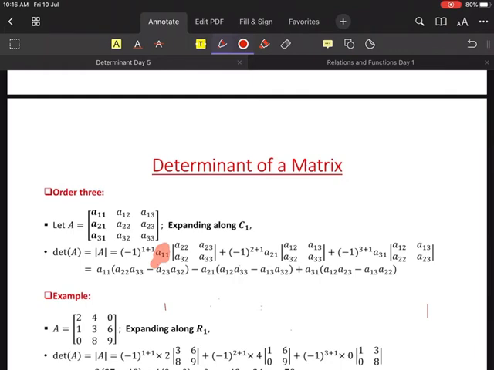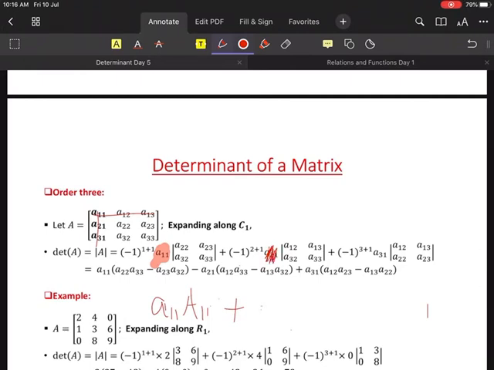Look at A11. This thing is the minor of A11 and minus 1 to the power 1 plus 1. These two combined give us capital A11. And this one I will just write here, A11. Understood? Clear?